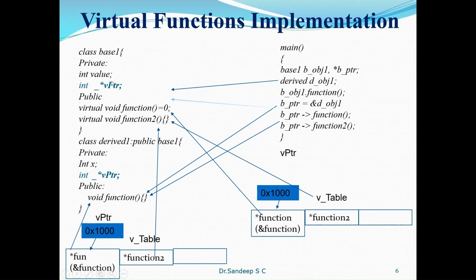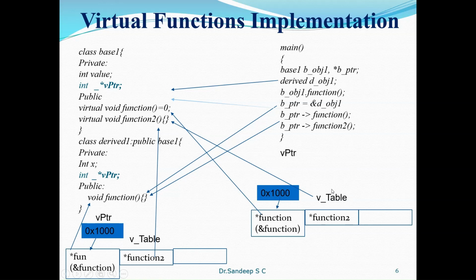Now this virtual pointer is pointing to a table which is called a virtual table. Here you can see a table which is a virtual table. So this pointer will have the address of this virtual table. This virtual table stores the pointers pointing to virtual functions.